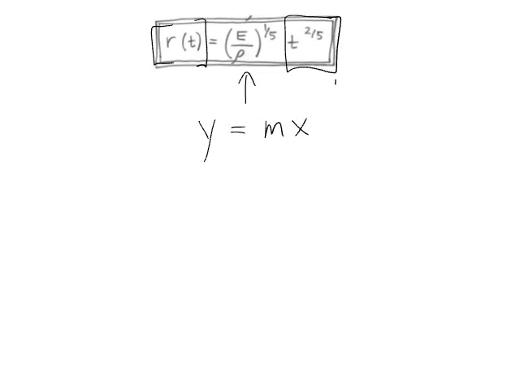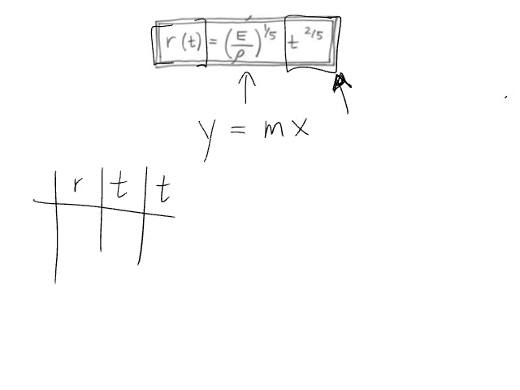So you're going to want to take your data that you recorded in your data table, with different radii at different times. You're going to want to take your times to the 2/5 power and make a column. So in your data chart, you'll have your radius, your time, and then your time to the 2/5 power.